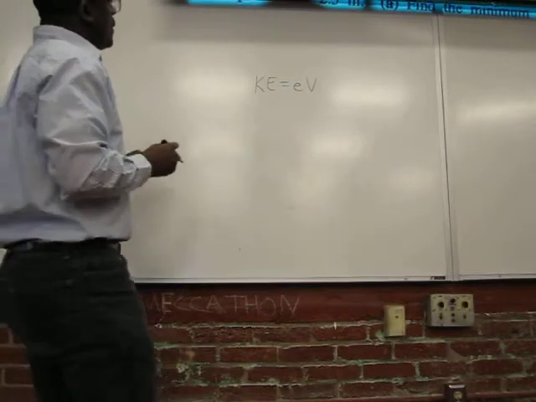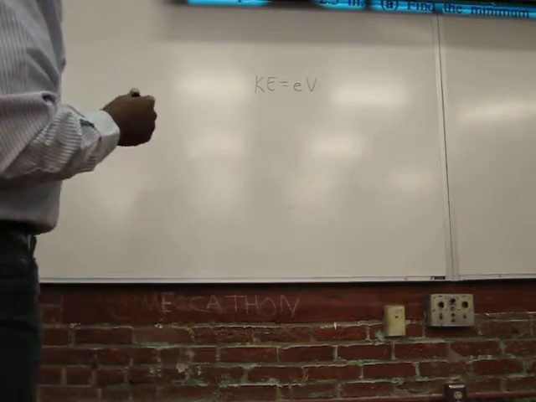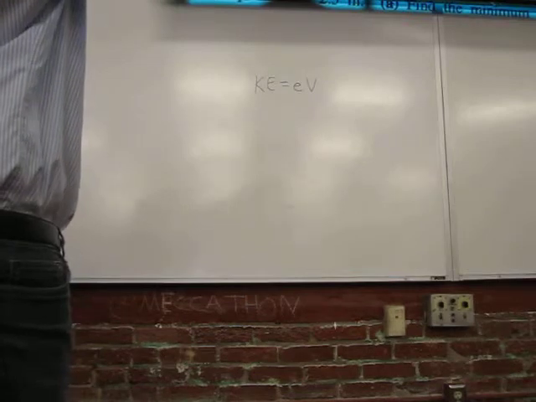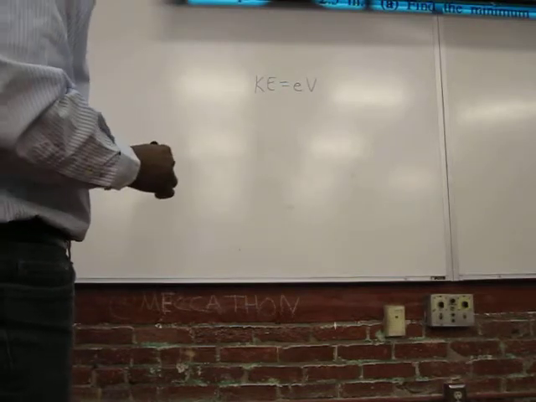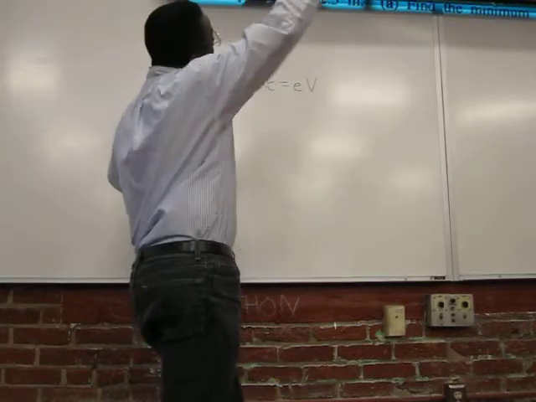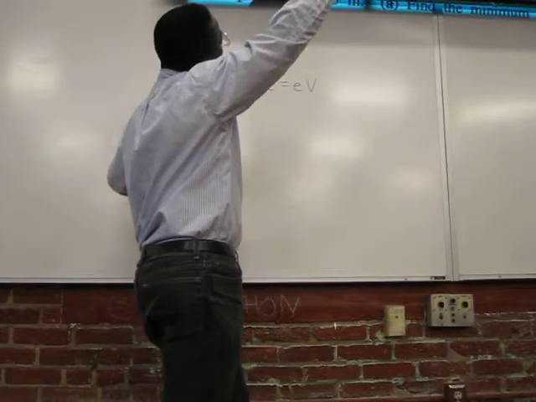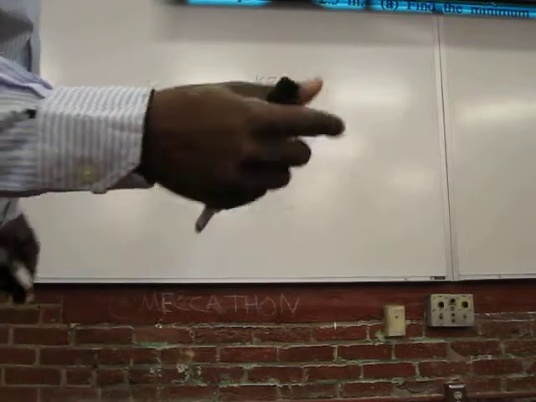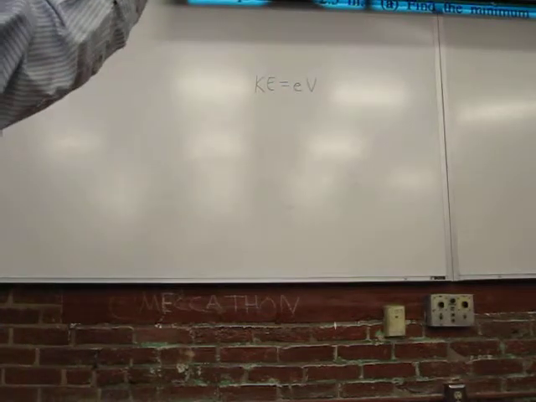Okay? So they said that assuming that its final speed is much less than the speed of light, who cares? Okay, what does that bit of information tell us? What does that mean?